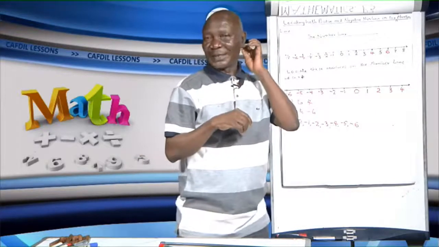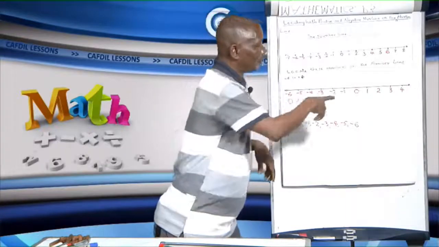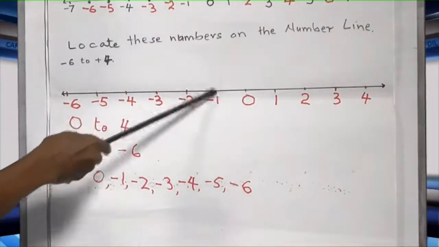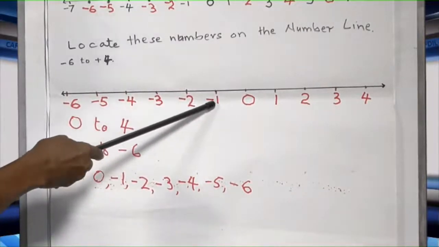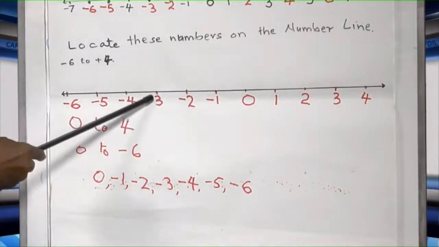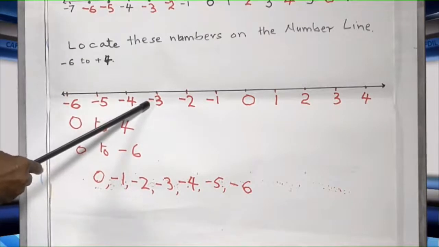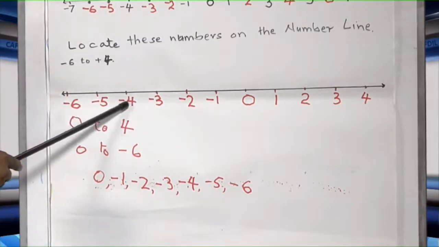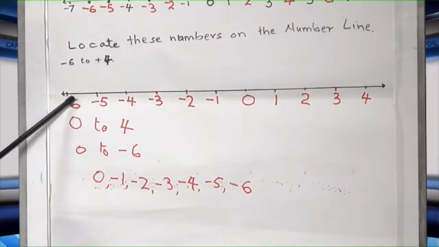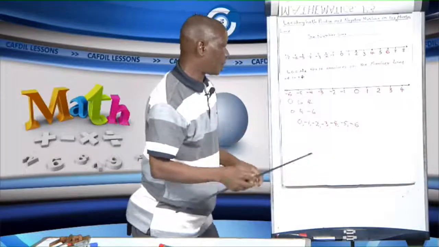Then you come to the negative values with 0 as our starting point. 0, you move to the left, -1, move to the left, -2, left, -3, move to the left, -4, move to the left, -5, and move to the left again, -6. So you see all the values have been taken care of.